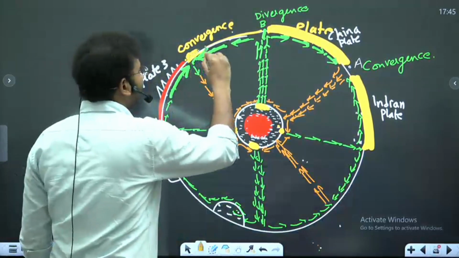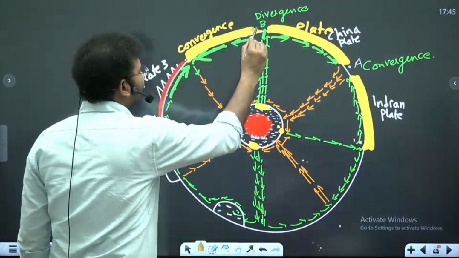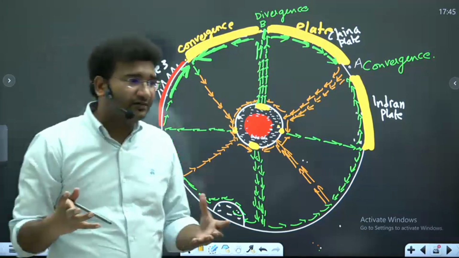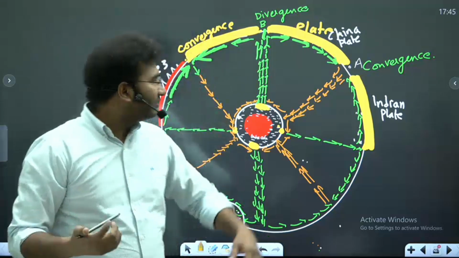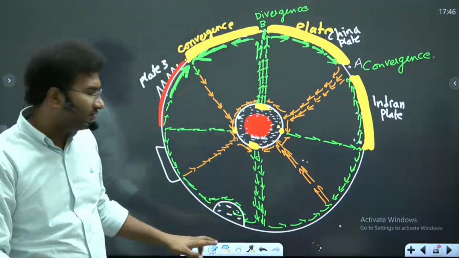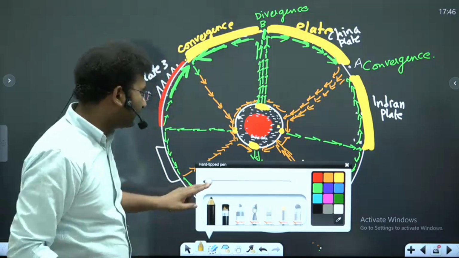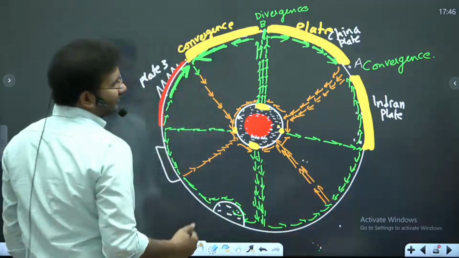In this manner, you will see the entire Earth, the plates which are there on the surface of the Earth, either they converge or they diverge. Right? Now, in this manner, you'll have convergence and divergence. Now, where do you have convergence and where do you have divergence? This depends upon that rising limb.